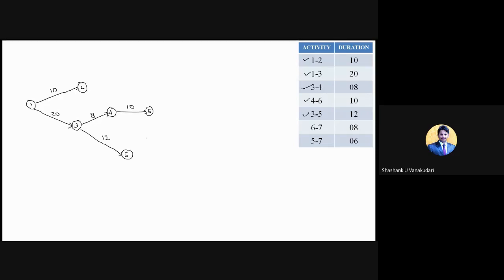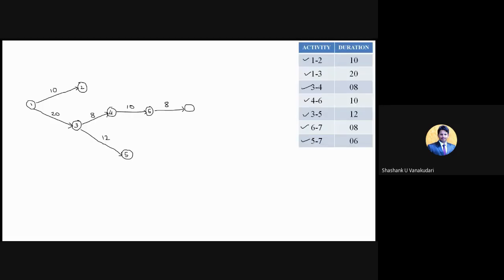Okay, and next 6 to 7, so I can make 6 to 7 in this way. The total duration is 8. Okay, 6 to 7 is 8. Now the remaining is 5 to 7. This is 7, right?